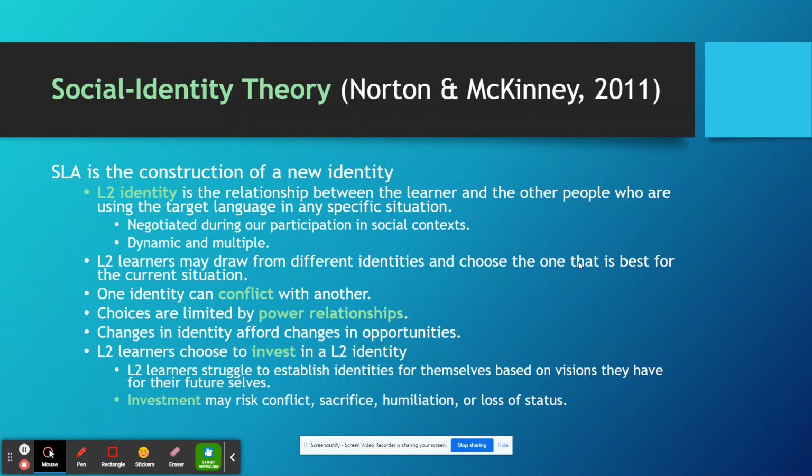So investment for this man means choosing to participate and struggling to establish an identity that he can be comfortable with. Maybe he can eventually learn enough English to express his thoughts and discuss complicated issues. So maybe, if he works really hard, he can learn how to speak English and have these intellectual conversations that he craves. But he's working at McDonald's. Are his coworkers even the type of people who can have interesting conversations?